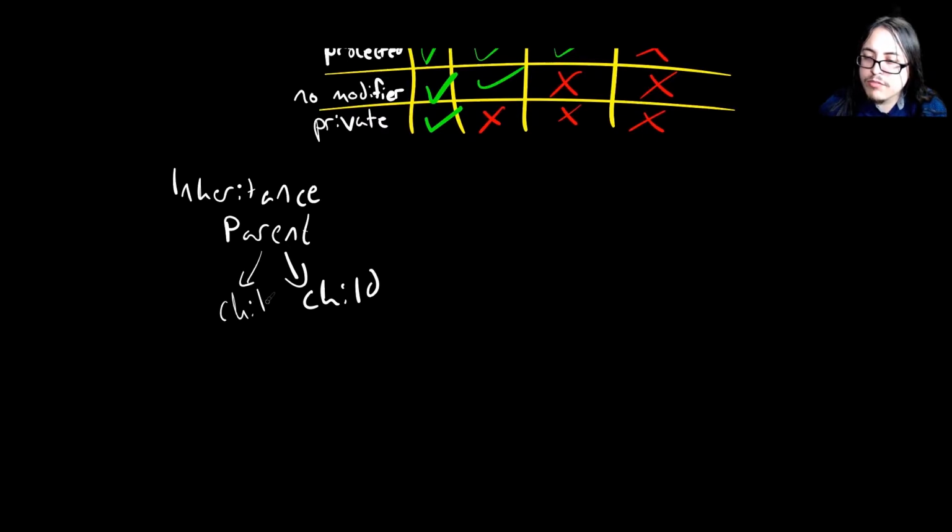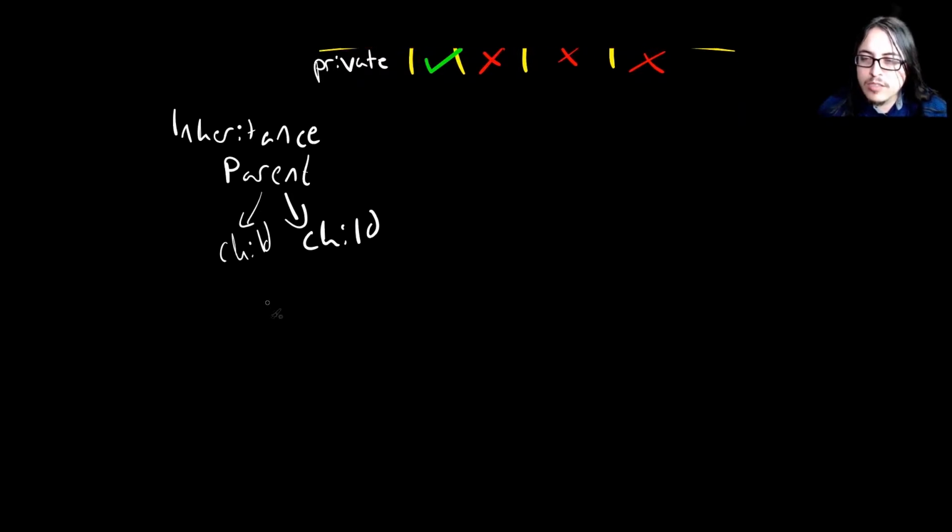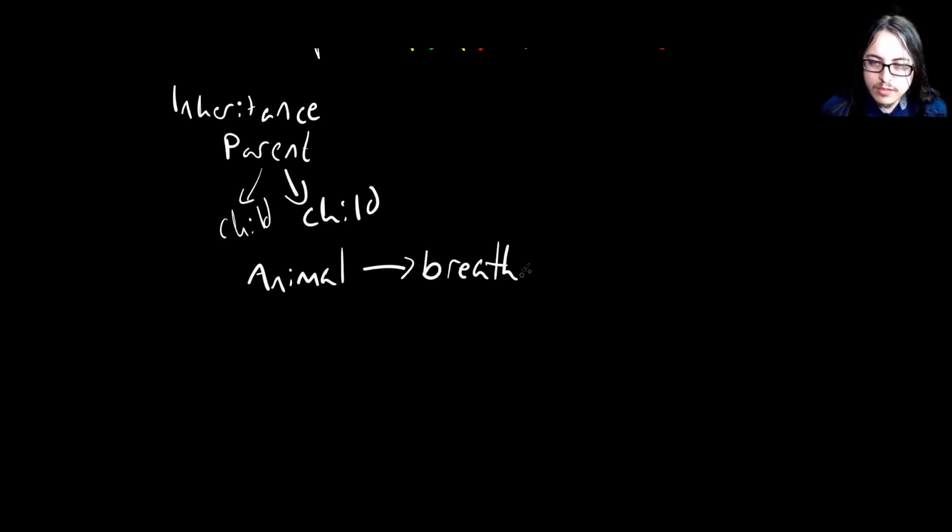If I was to give you an example of this, the most common example would be, say you have an animal class and this animal class has a method called breathe, and you created a subclass which inherits from animal, let's say cat.